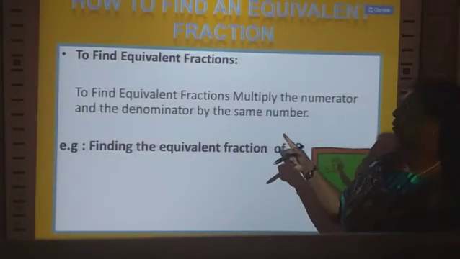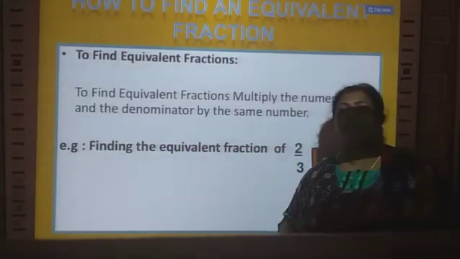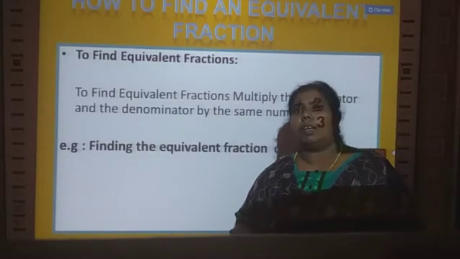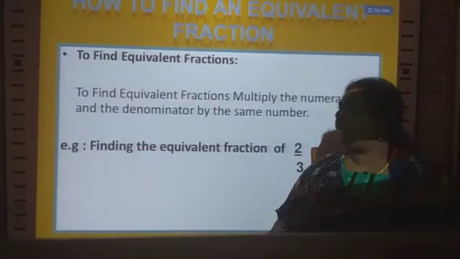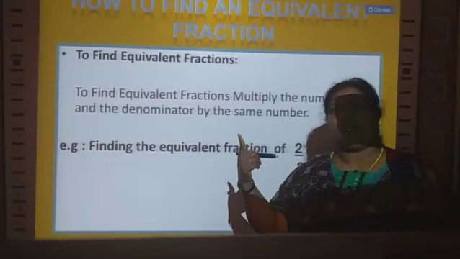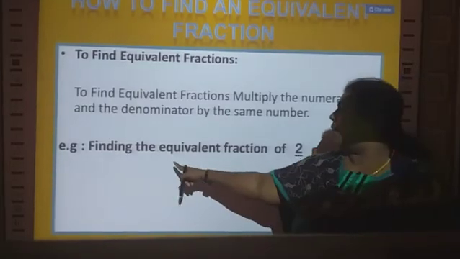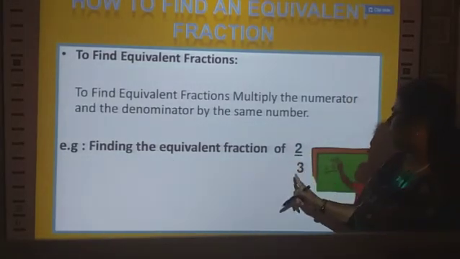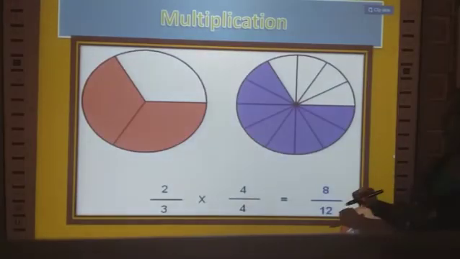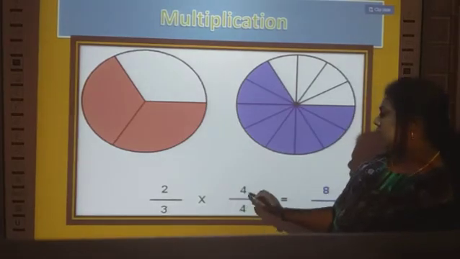To find equivalent fractions, multiply the numerator and the denominator by the same number. If you want to find equivalent fractions, what you have to do is multiply the same number in the numerator and the denominator. Now see the example, finding the equivalent fractions of 2 by 3. 2 by 3 into, now here using the fourth table.